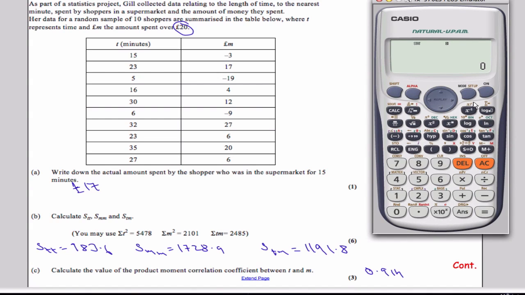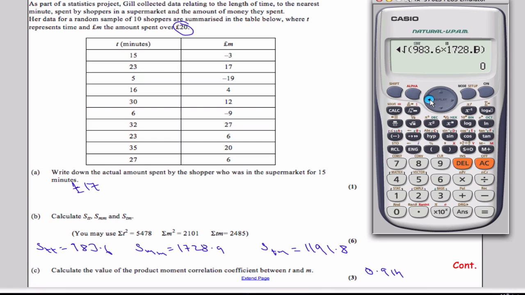So what would we normally do? We would do the sum of xy, or in this case STM, 1191.8 divided by the square root of 983.6 multiplied by 1728.9.